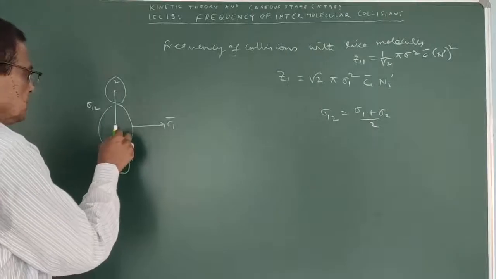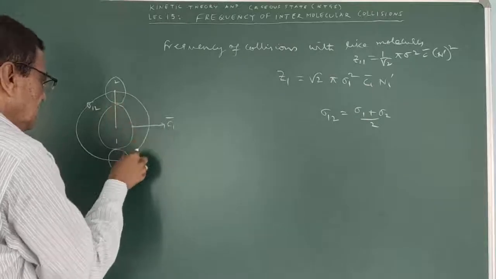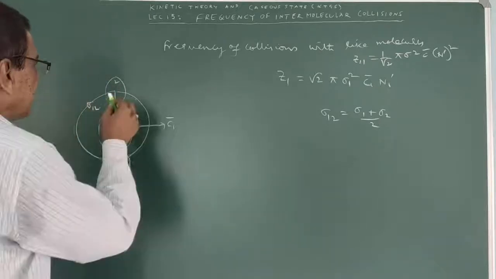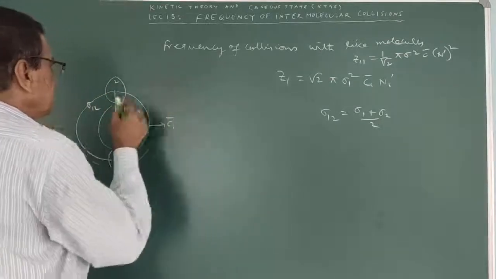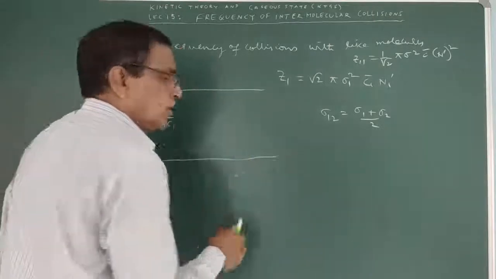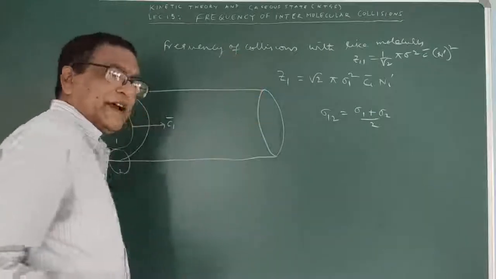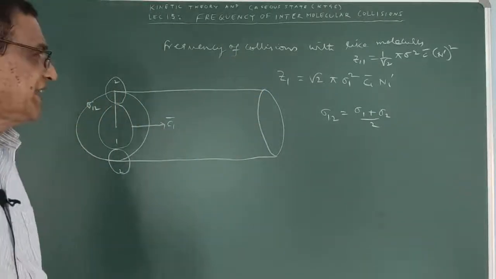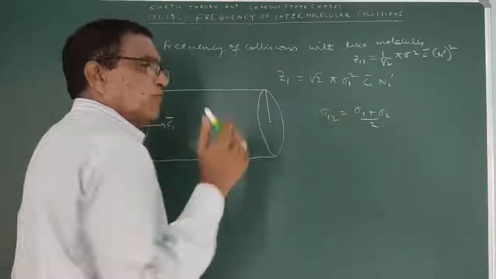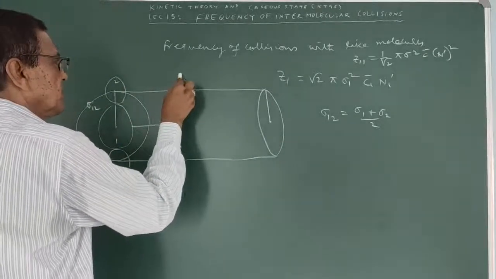So whenever this molecule is moving, we can consider another big sphere whose radius is sigma 1 2. And whenever this molecule is moving and other molecules are at rest, it will sweep a collision tube, and the area of cross section will be pi sigma 1 2 square, and the length of this cylinder will be C1 bar.